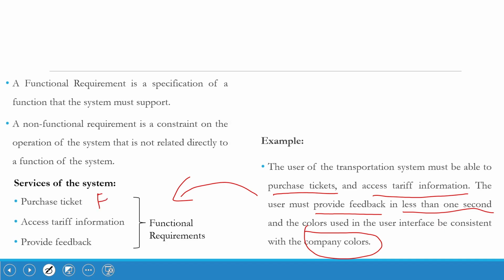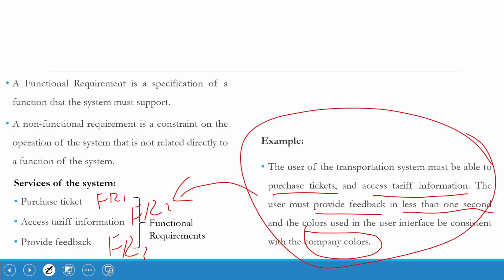Totally, these are the functional requirements of the system. This is FR1, this is FR2, this is FR3. So we can extract them from the business rules. According to this narrative, these are the functional requirements of the system.